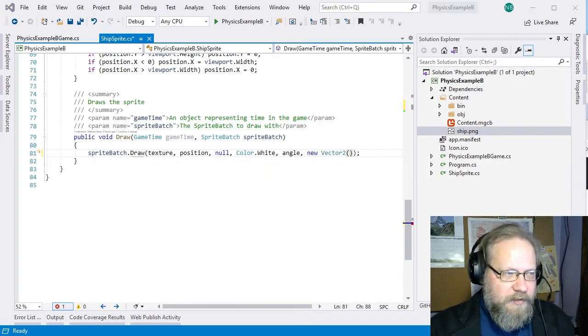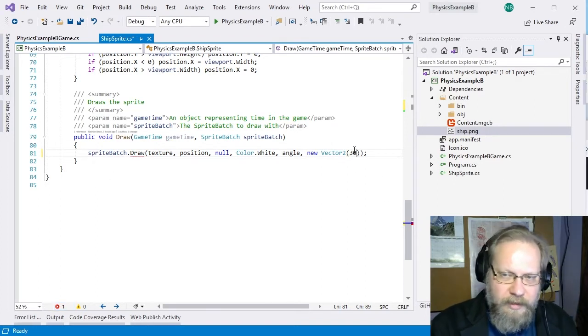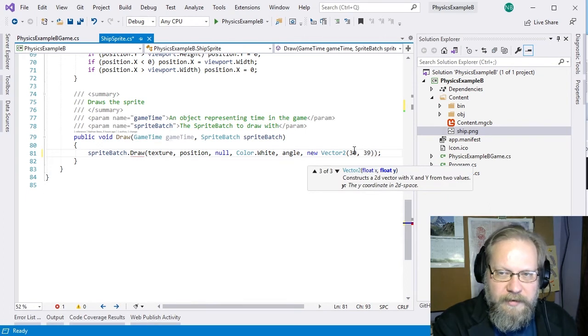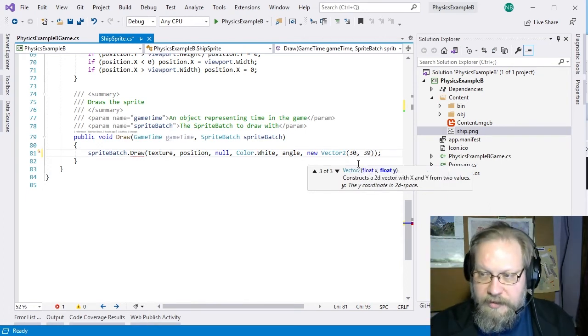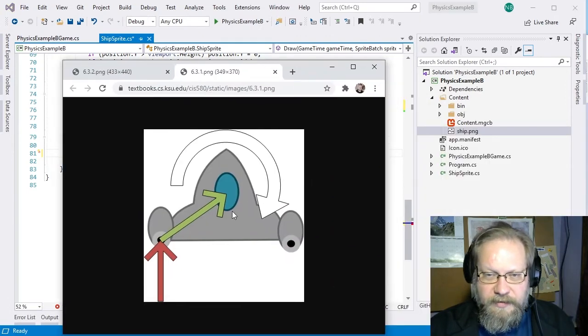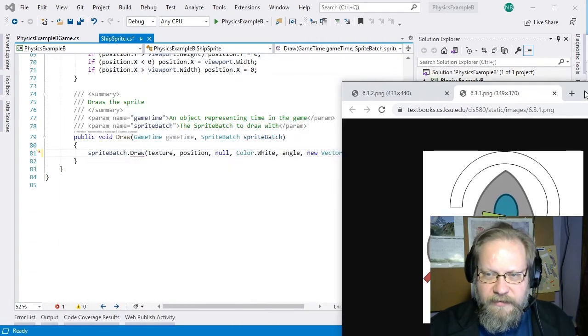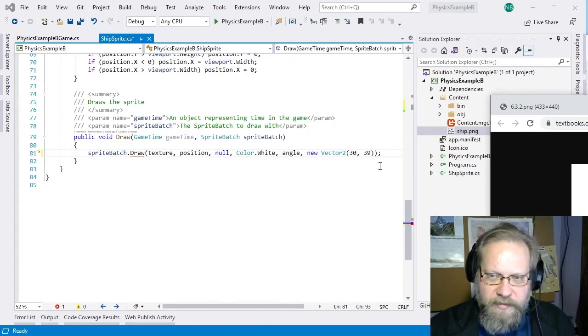And I'm going to use the vector 30, 39. Our ship is about 60 wide and about 39 tall, so that's going to put our center of rotation right back here, which I think I like, so I'm going to leave it there.